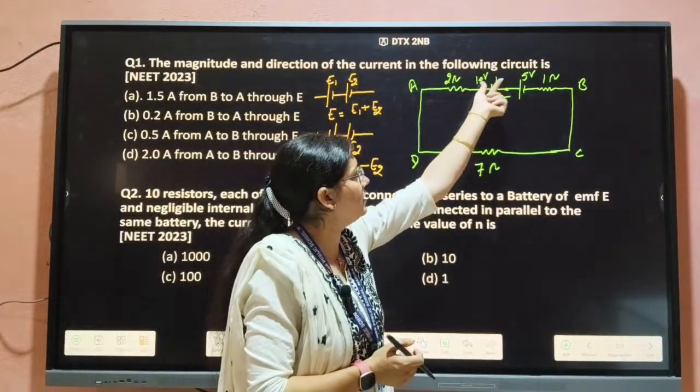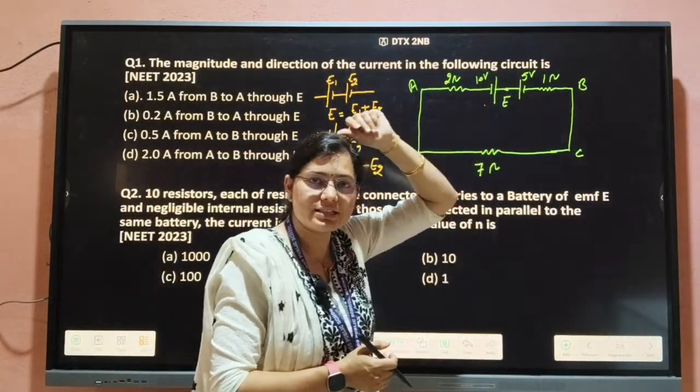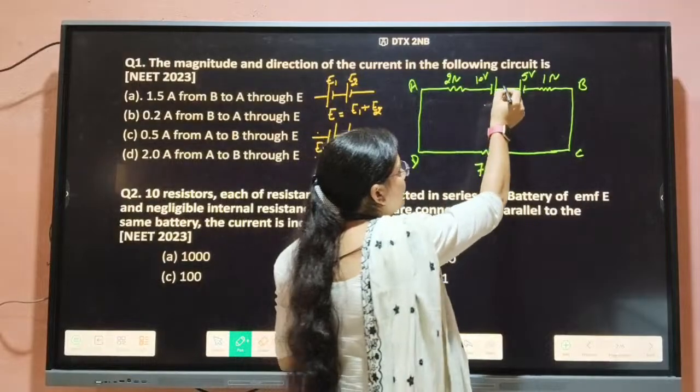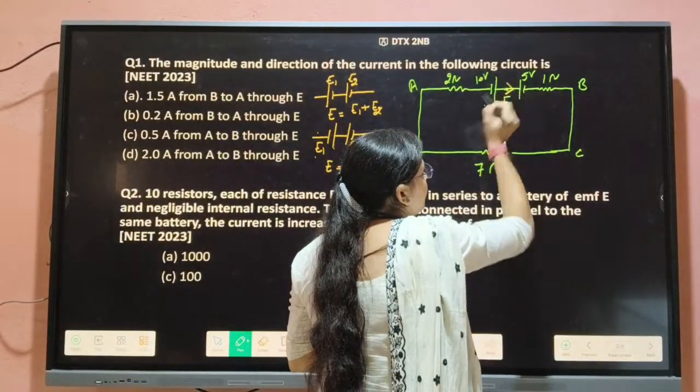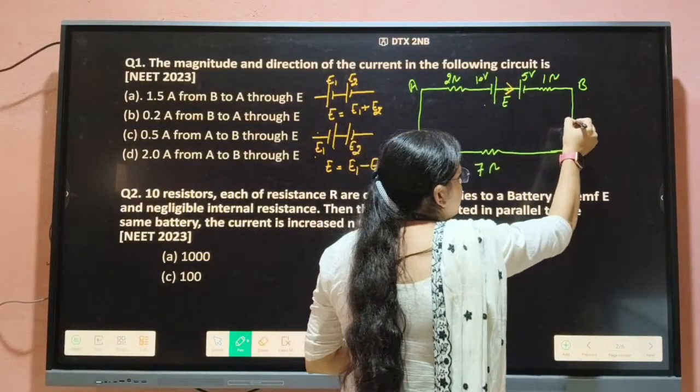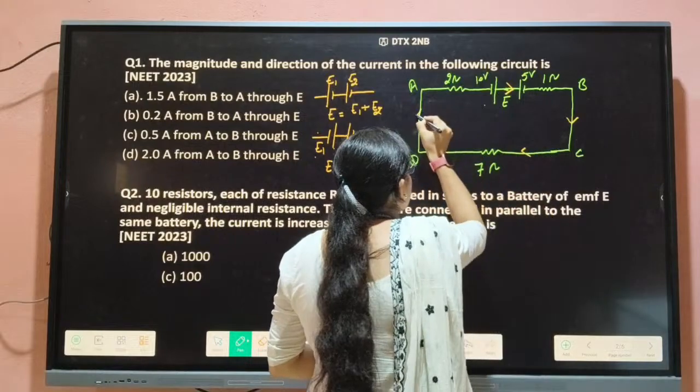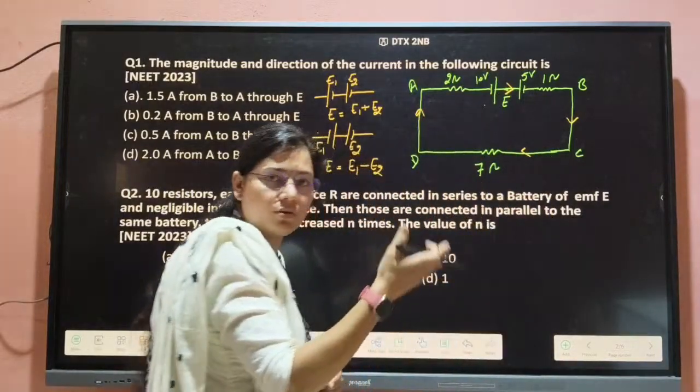So see here, 10 volts and 5 volts; the current will flow from the 10-volt battery toward the 5-volt battery. So in the circuit diagram the current direction is from more to less.